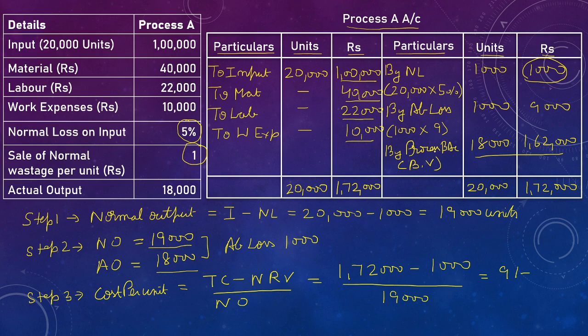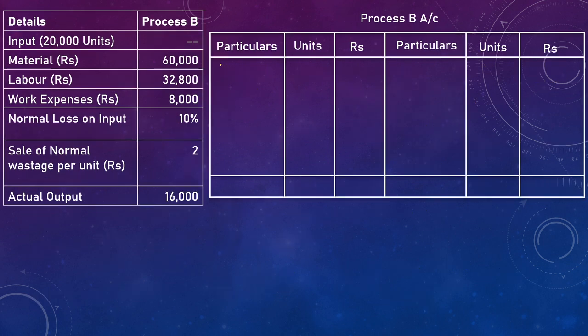In the next process account we have to input the material which is the output of the previous process. So we write to process A account, number of units transferred are 18,000, costing 1,62,000.